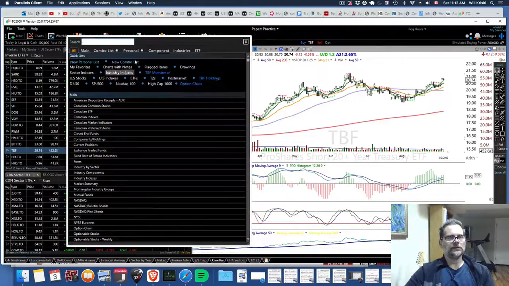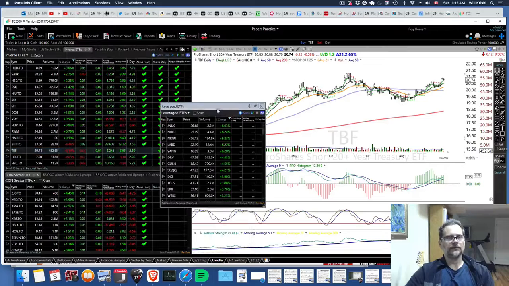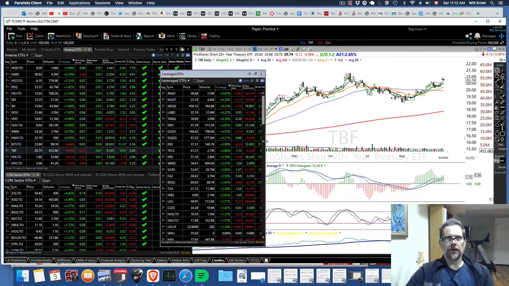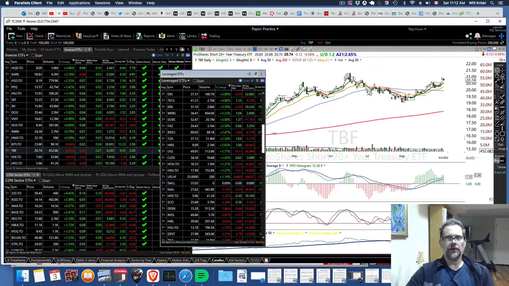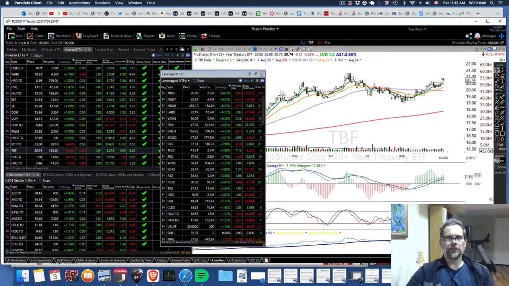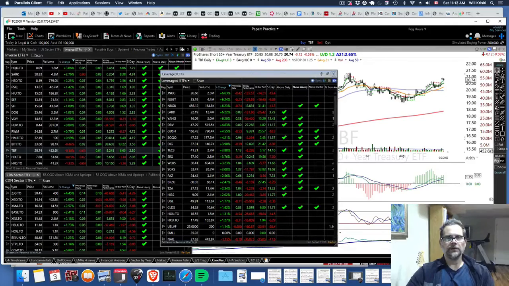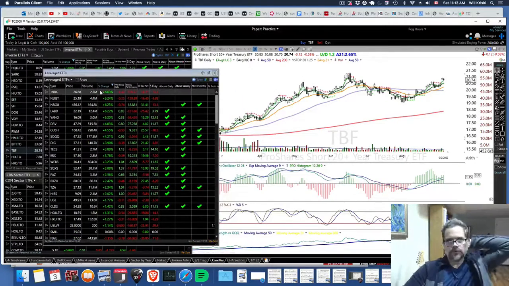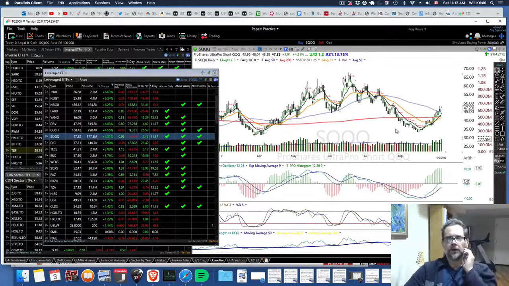If you go to the watch list, I've got a personal one called Leveraged ETFs, and I've sort of handpicked a bunch. This is obviously higher risk, but I got to just open up this window a bit so you can see. But basically, there's 2 or 3x in some of these. Ultra Pro, that's the NASDAQ, SQQQ.